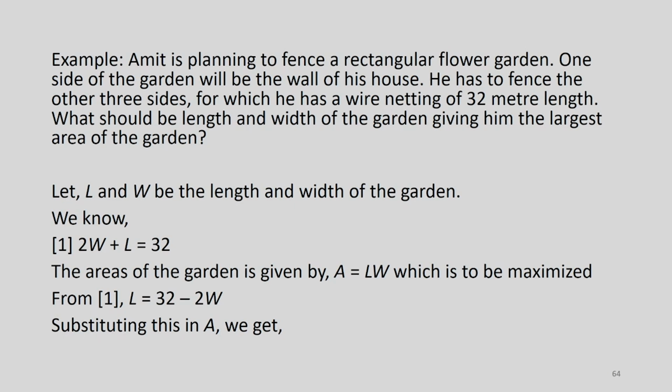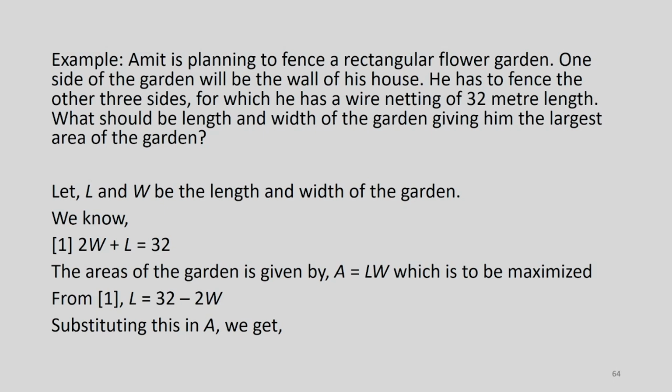Two things are to be noted. He has to build a fence for the garden, and he has to build the fence such that it covers three sides of the garden, because on one side he has the wall of his own house, so that wall will serve as the fourth fence.